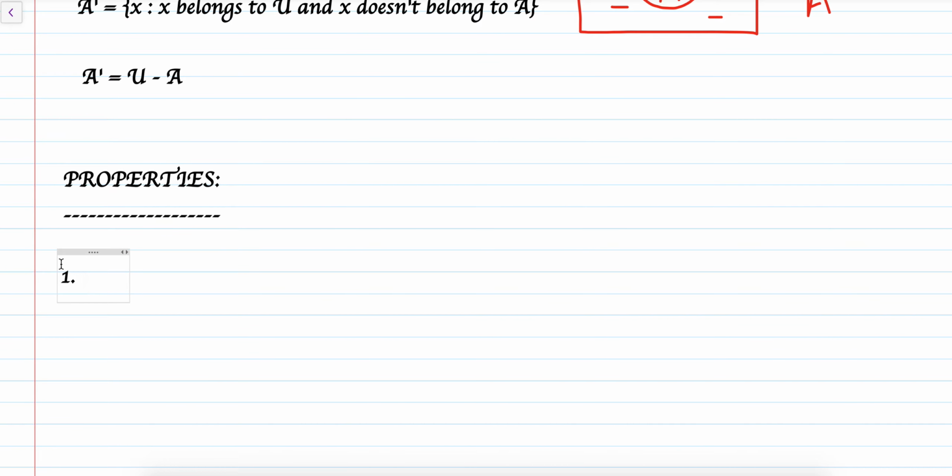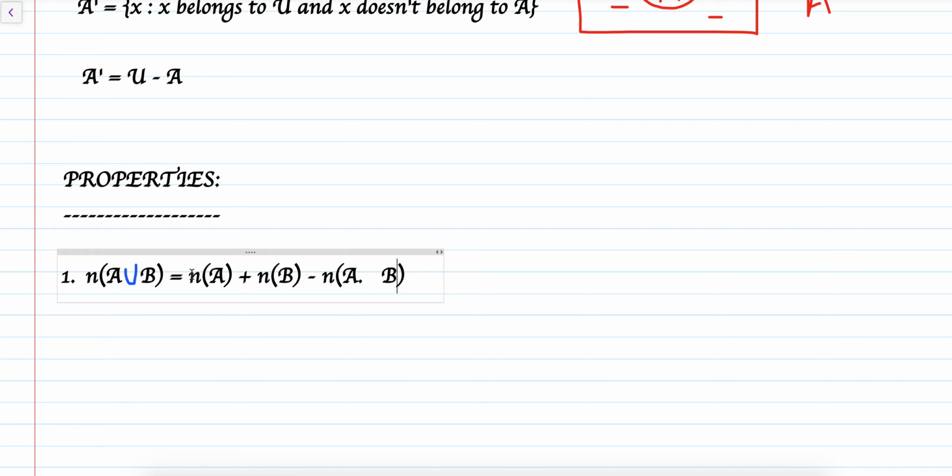So first property is N. So remember, N of A denotes cardinality of A, that is number of elements present in A. So N of A union B is equal to N of A plus N of B minus N of A intersection B. So the number of elements present in union of A and B is equal to number of elements present in A plus number of elements present in B minus elements common to both.